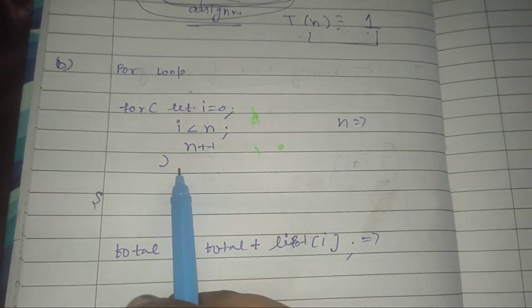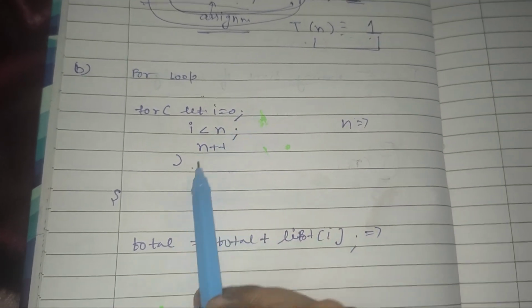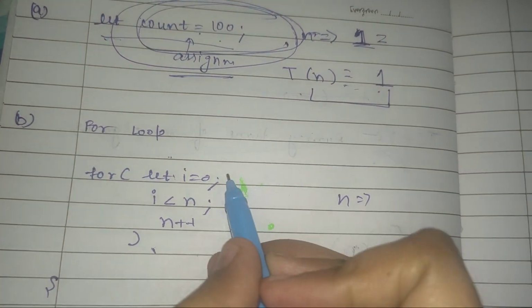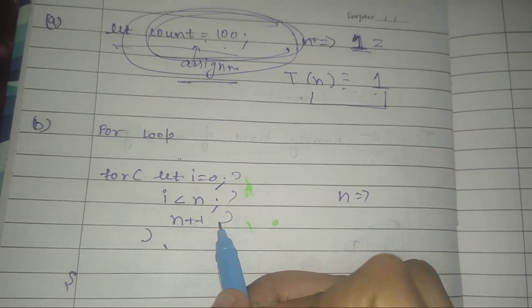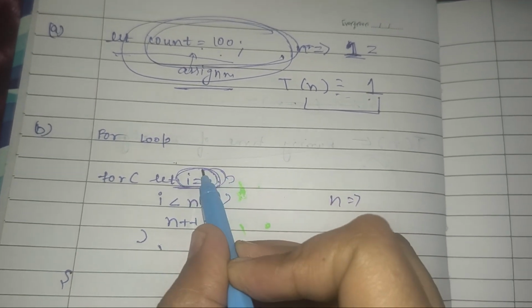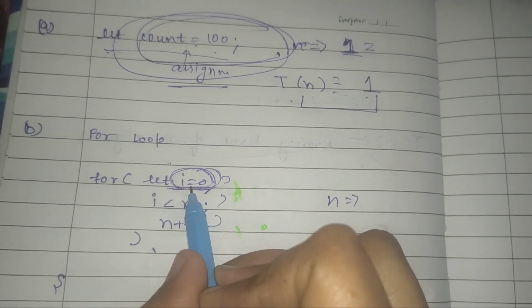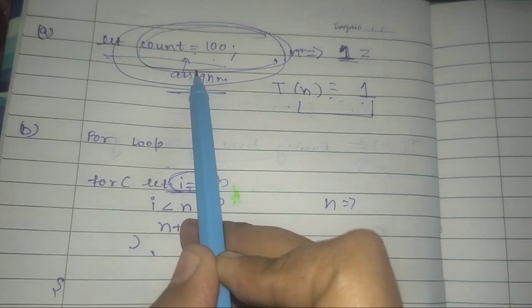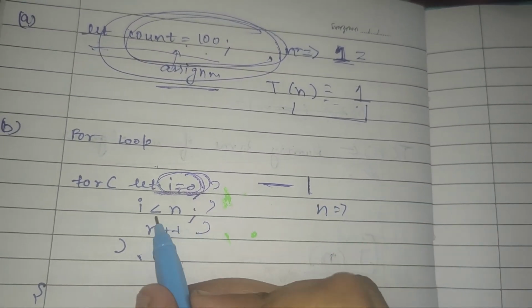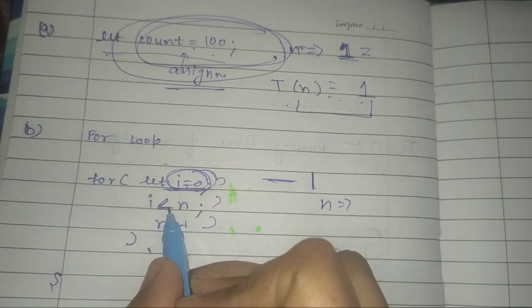I believe you know for loops and this logic. In a for loop, you have 3 parts: 1, 2, 3. One is the initialization. This happens only one time, and this is the assignment. We just did an assignment, so we will give it 1 unit. Second is i less than n.